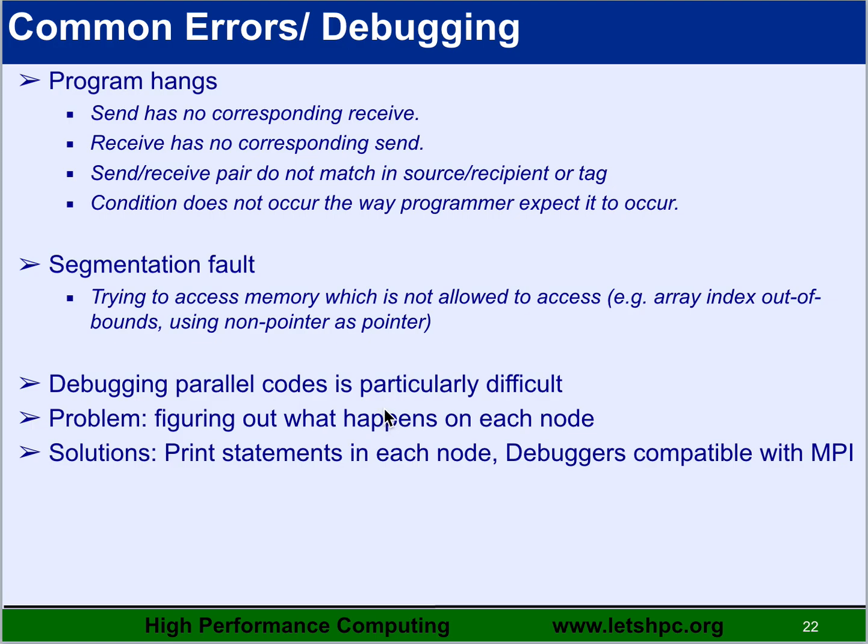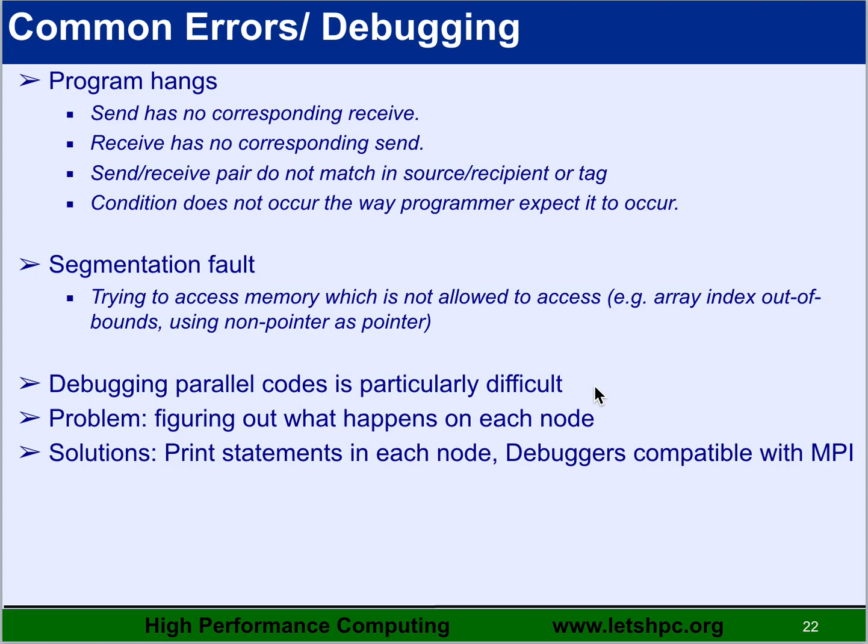Debugging parallel codes is difficult, and we might need special debugging tools. There are many good open source tools available, and we can take help of those tools. It is also important to know what is actually happening on each node, because there are many nodes associated with an MPI program, and problems can occur in a particular node.